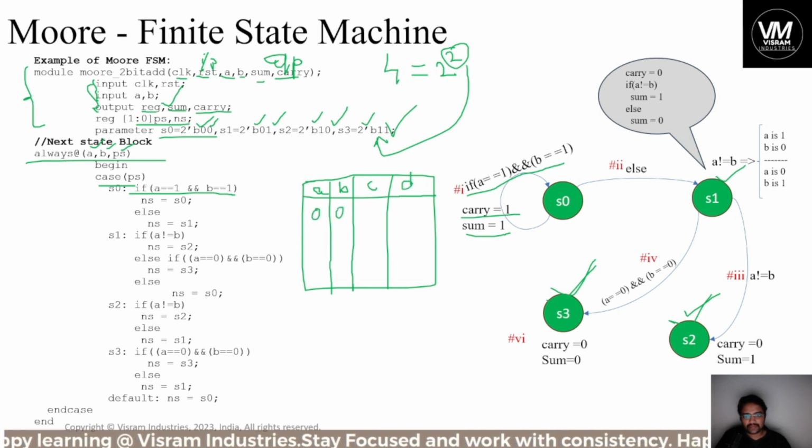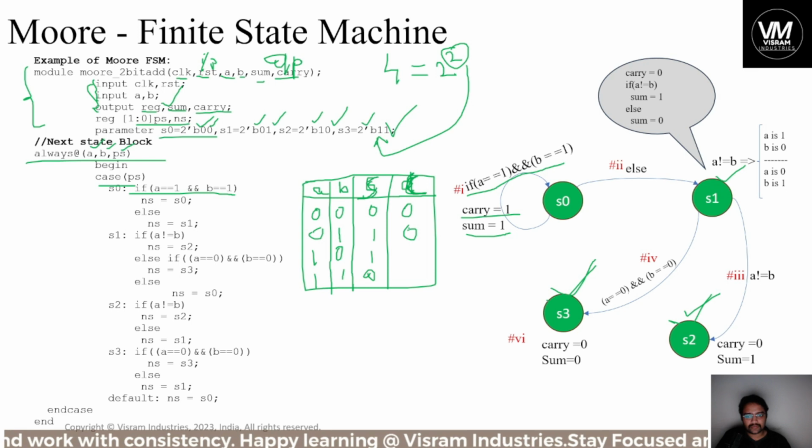So 00, 01, I mean C is sum and D is carry. Sorry, my bad. 10 and 11. What do we get? 0 1 1 0 0 0 0 1. You should remember this structure all the time.